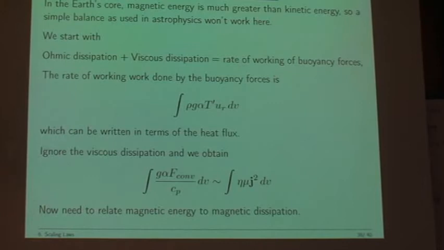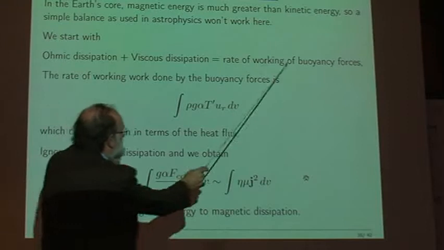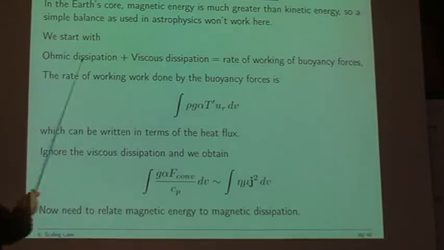I think these ideas really came from Christensen and Tilgner. We start by saying that the rate of working of the buoyancy forces has got to exactly balance the ohmic and viscous dissipation. That's an exact integral that you can write down from the fundamental equations of motion.